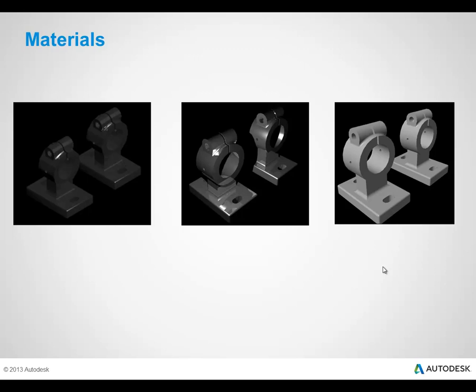Whereas in a product such as Inventor, if you were to apply steel, there's engineering data that's also associated with that material. And you can use that same engineering data to put it through engineering analysis, stress analysis, that sort of thing. But the intent is more for engineering as opposed to visualization. So what's more important?